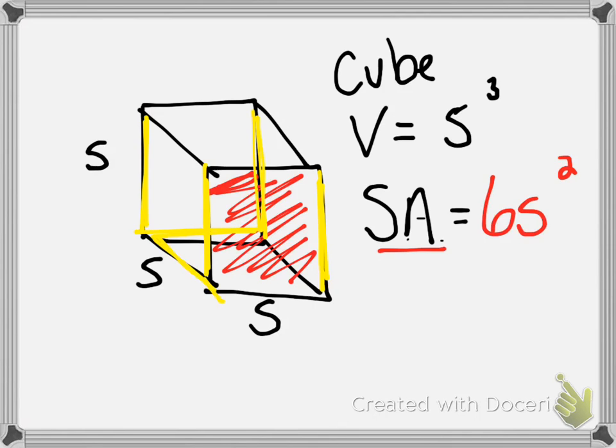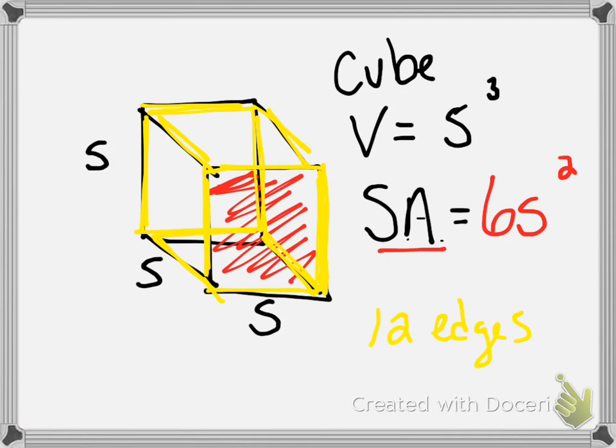Here would be my floor, so there's 4 on the floor. And then there's 4 edges on the ceiling. So if you're trying to figure out what an edge is on a cube, there's 4 on top, 4 on bottom, 4 going around vertically. So there's 12 edges on a cube. So an edge is basically just like the sides right there.